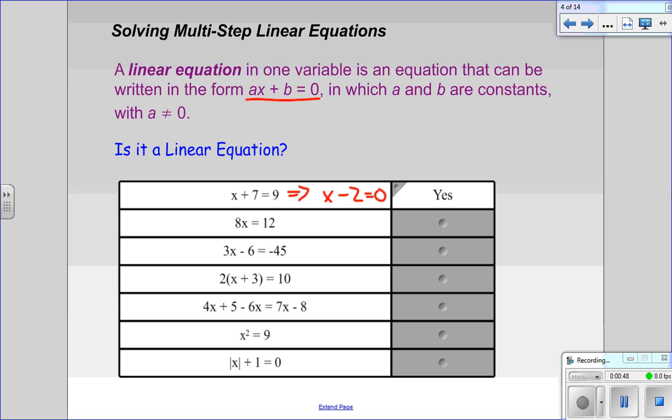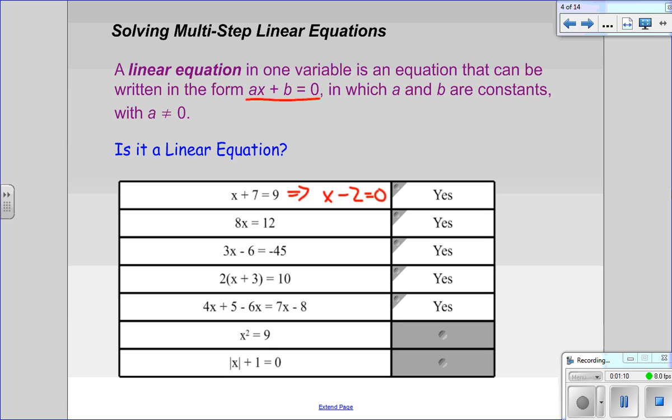Examples 2 and 3, if we use the addition principle, would also result in the same form as is listed above. Our next two examples may require a few more steps, but ultimately they also are examples of linear equations because they could be written in the form ax plus b equals 0.